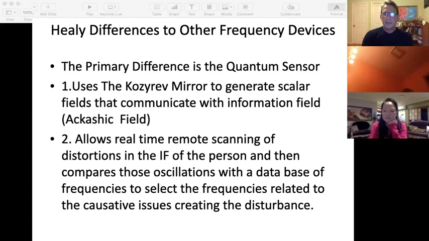That process of forming scalar energetic fields is what allows the sensor to break through the time constrictions and access higher dimensional energies, higher dimensional information fields that exist on higher dimensions of consciousness.